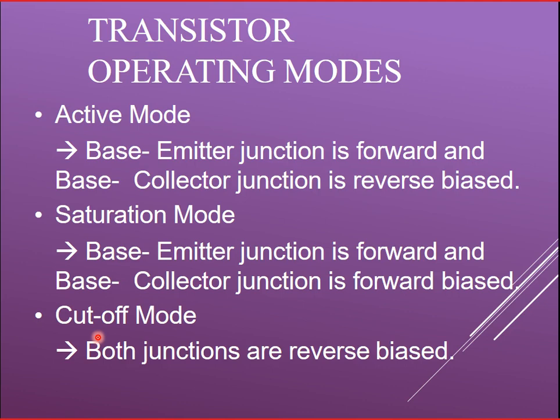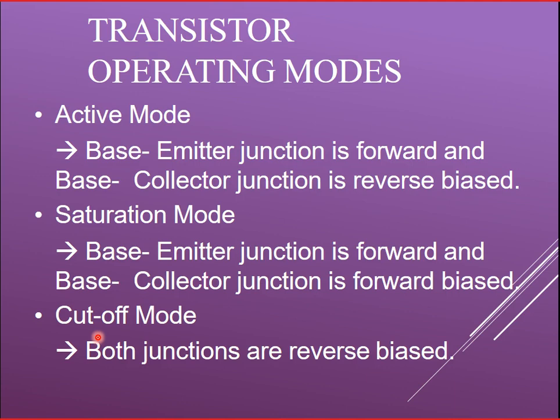We will see what the active mode, the saturation mode, and the cutoff mode are, and in which applications we use these three kinds of modes of operation. First take the active mode. The active mode is mostly used in amplifier circuits, so active mode does the amplification process.